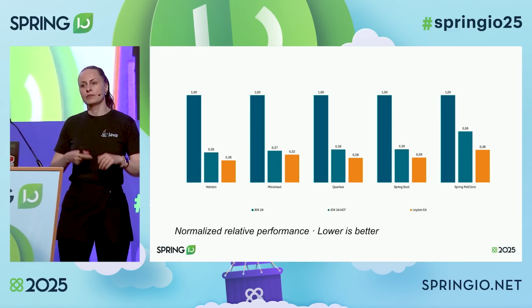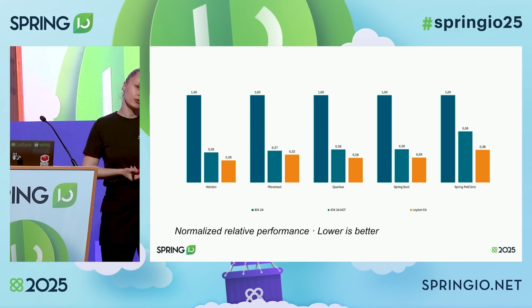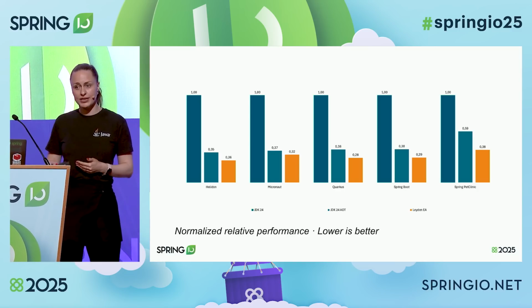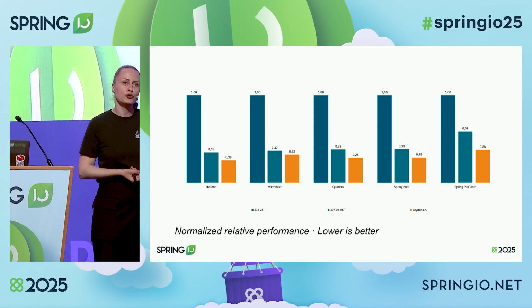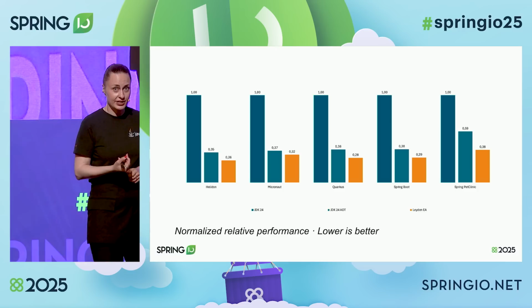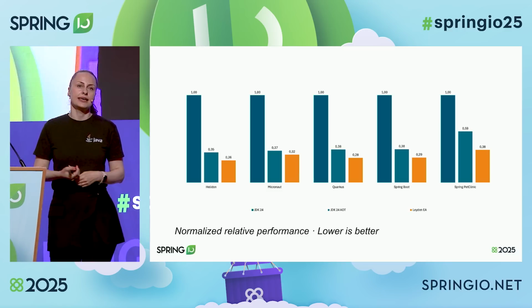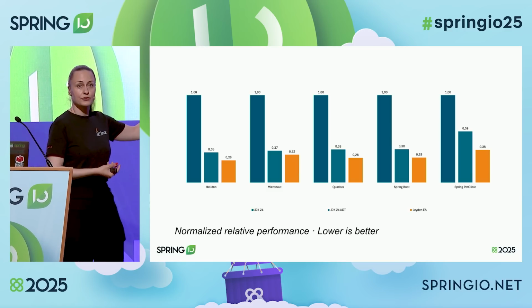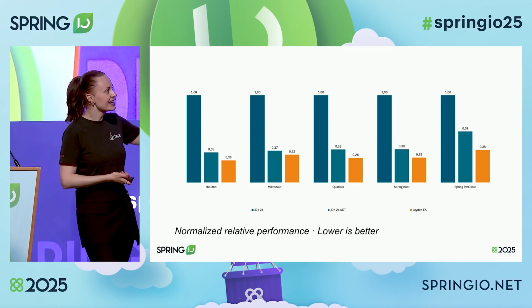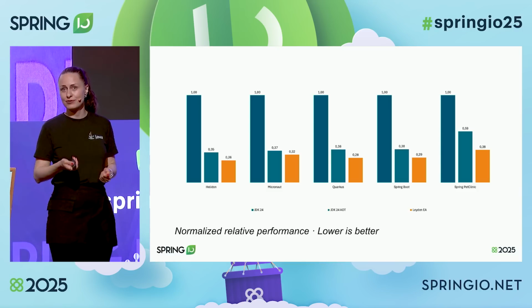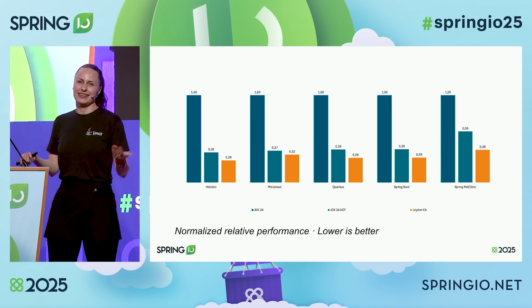Now, if we run JDK 24 with the AOT features enabled, we get a significant performance improvement of 62% for that simple Hello World. If we run with the Leyden EA build with other AOT optimizations, we get an extra 9%. Quite impressive, right? But yeah, that's a Hello World.